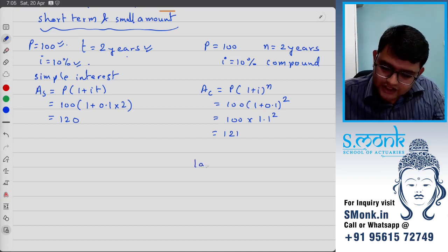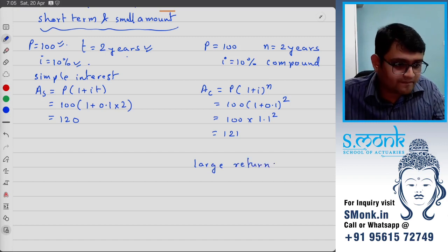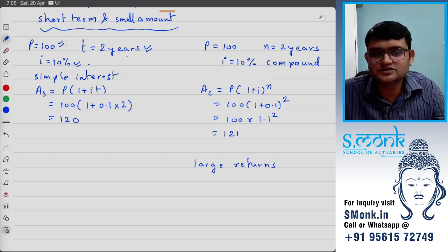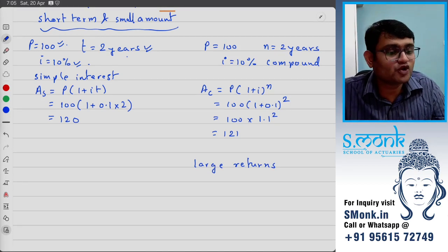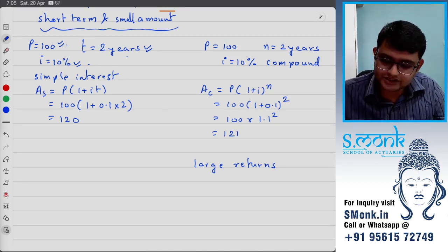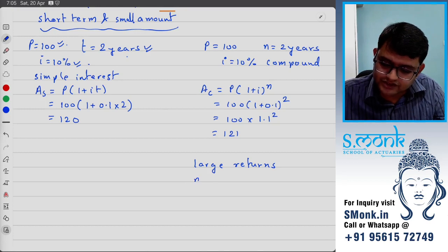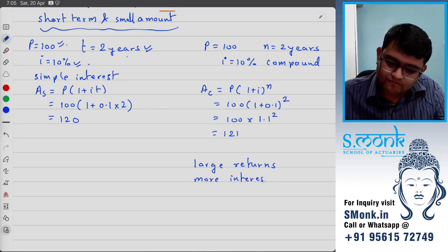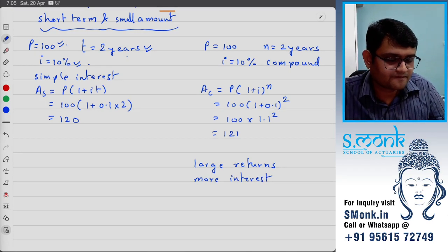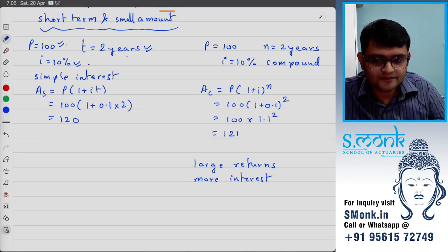One answer is large returns. Anybody else? So compound interest gives me more interest, right? That's the reason. Okay, large return means more interest. Anyone else?